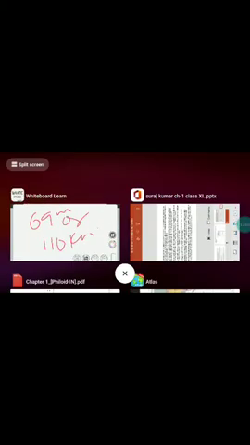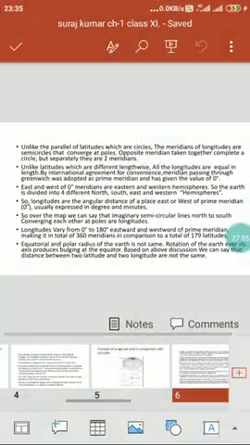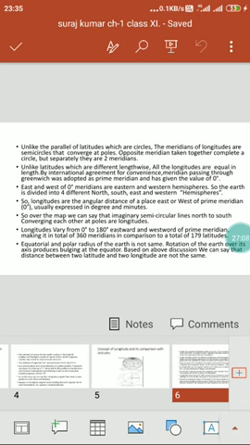So today I am stopping my class here itself, at the latitude portion.